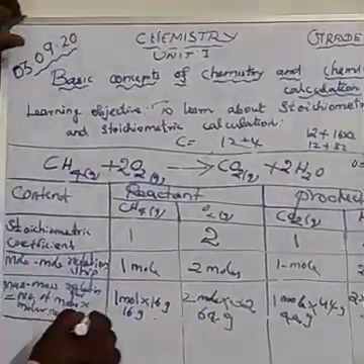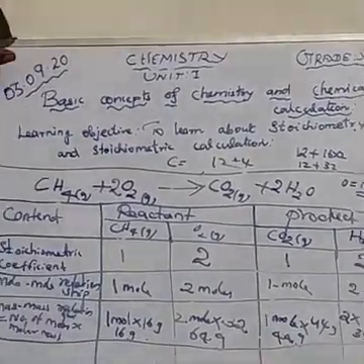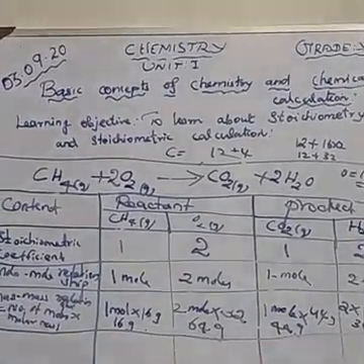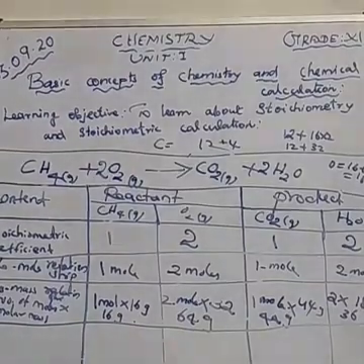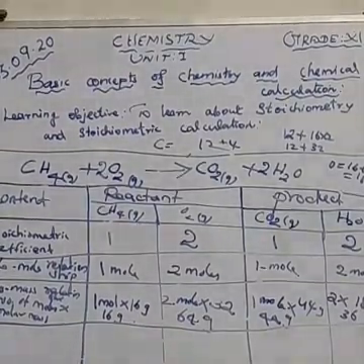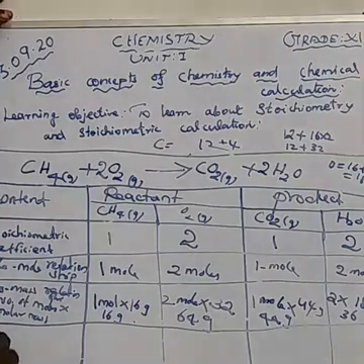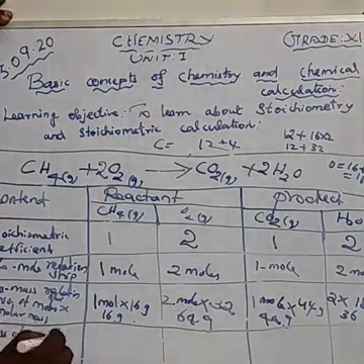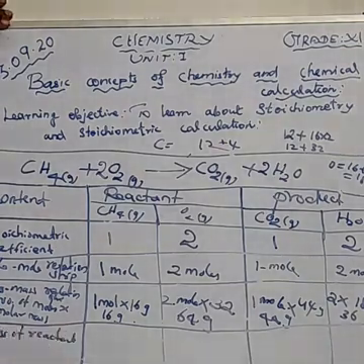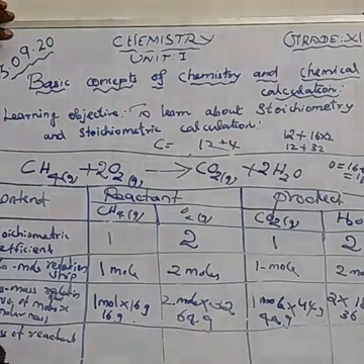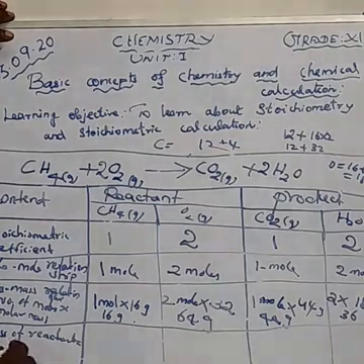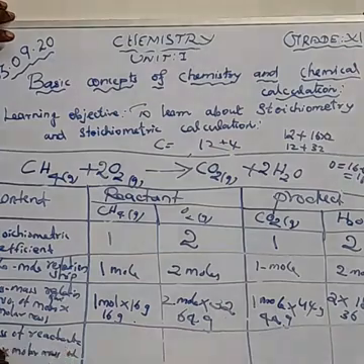This is the mass relationship. Mass is equal to number of moles into molar mass. Next, about mass of reactant. What is that one? Mass of reactant is equal to mole into molar mass of reactant.